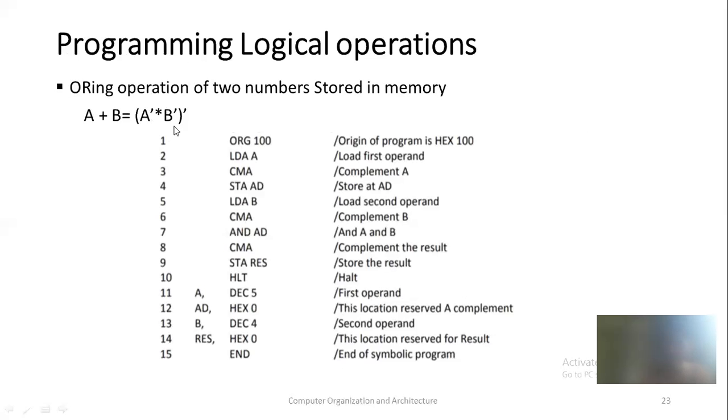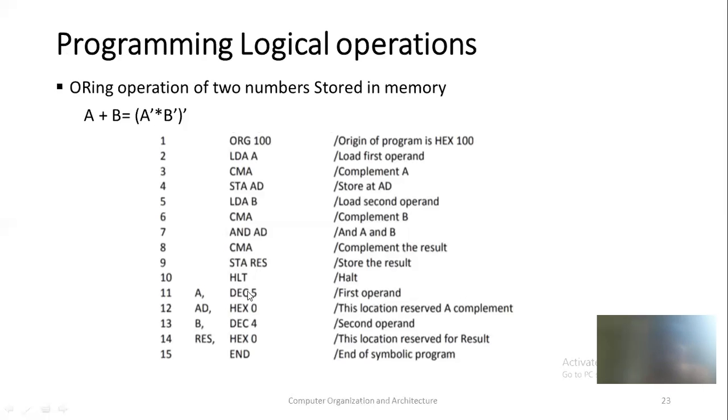B dash is already in the accumulator, so you just have to do ANDing with A dash. We will use the instruction ANA AD, which will do the operation of A dash and B dash. Then we have to complement that number also, so for that we will use the instruction CMA. It will complement that result, and then store at the RES location, and HLT.